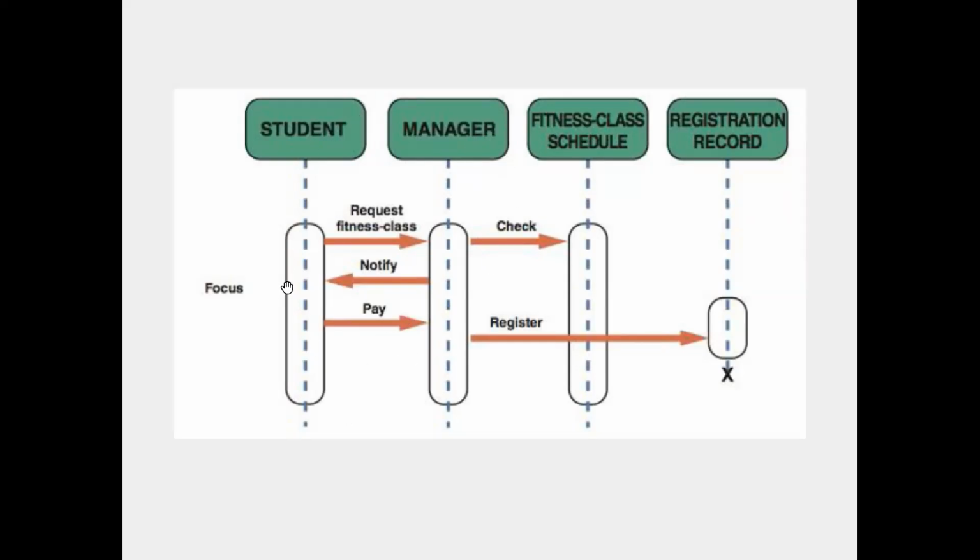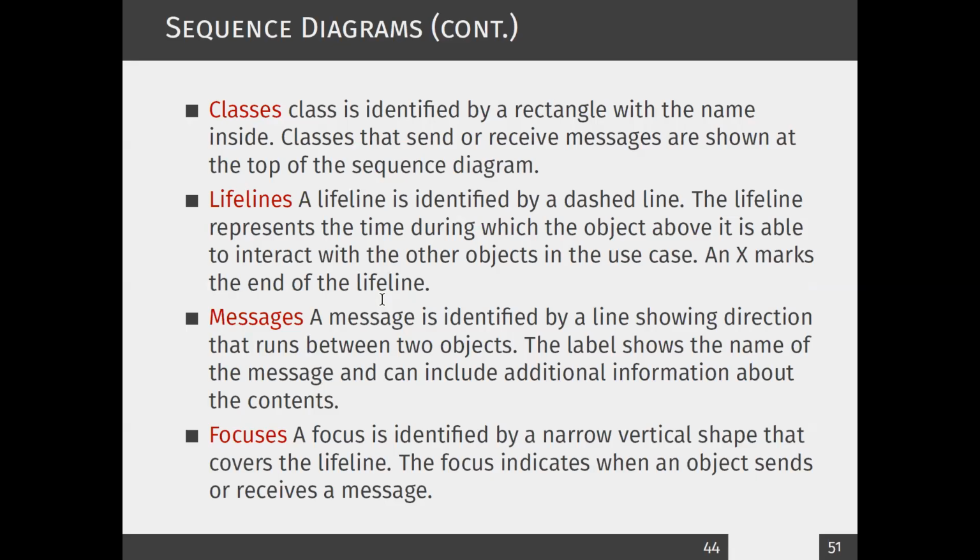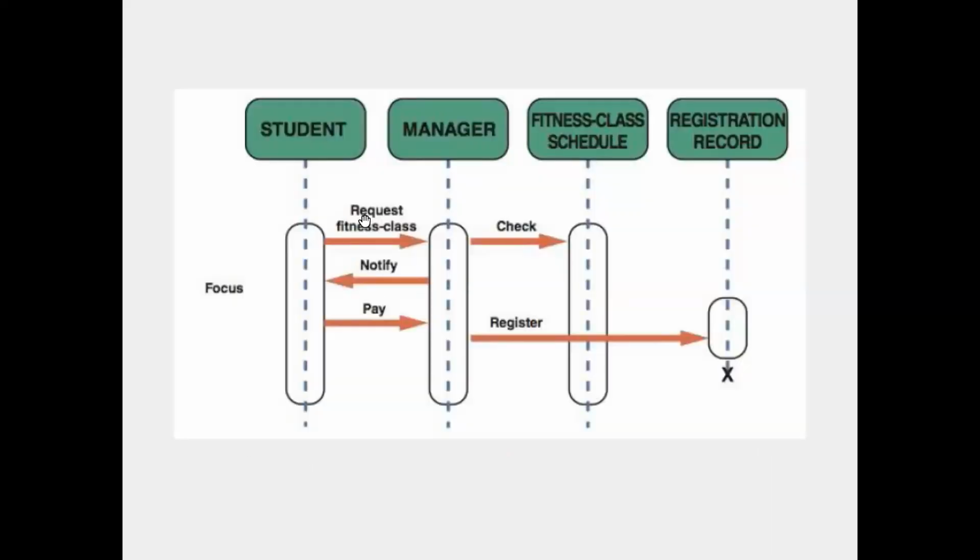Once the student pays, we can use that to register the student, and this will indicate the registration record. So you can see, as the name implies, the sequence: this is the first one, the second one, the third one, the fourth one, and the fifth one. It clearly indicates how student registration happens with this diagram.